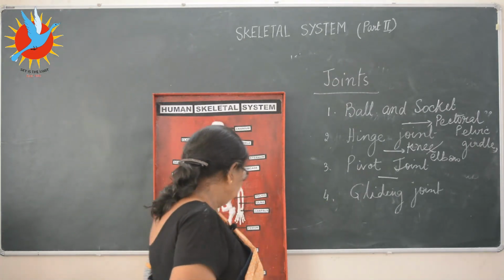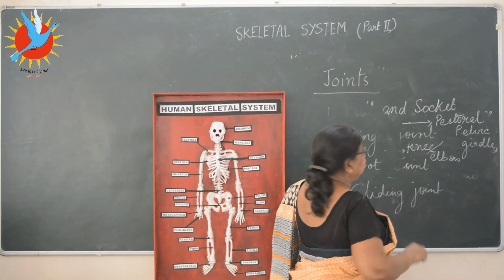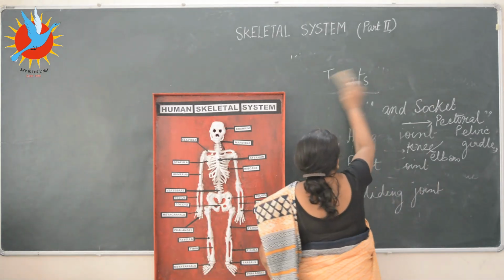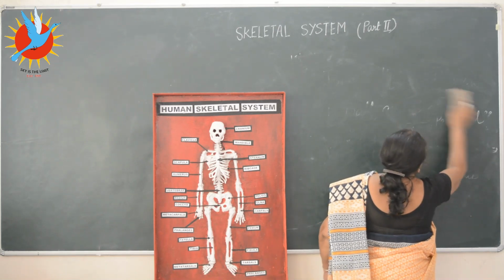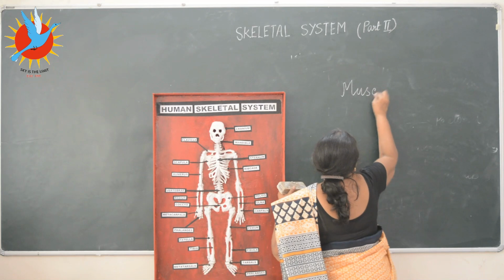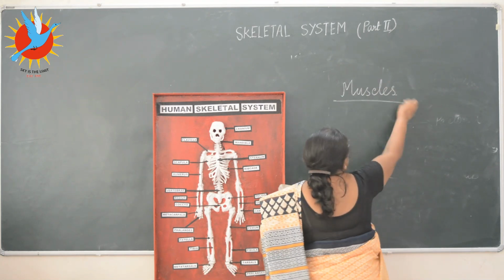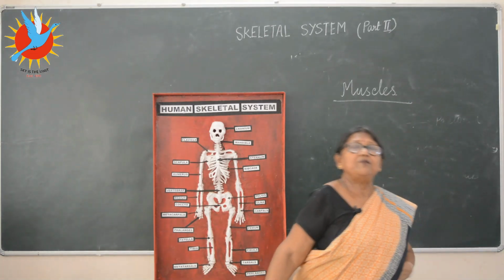Okay, now only bones are not moving. What is helping it to move? The muscles. So a little bit is left, we will do about the muscles. Muscles are a special type of tissue present on the bones and bring about the movement.